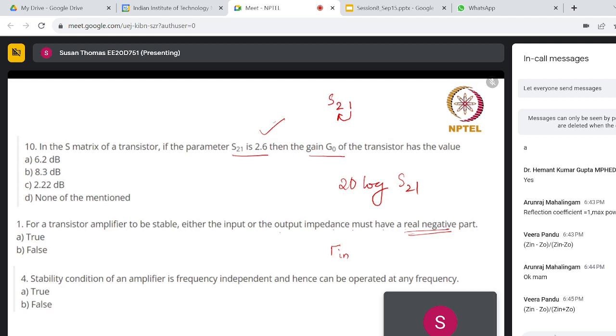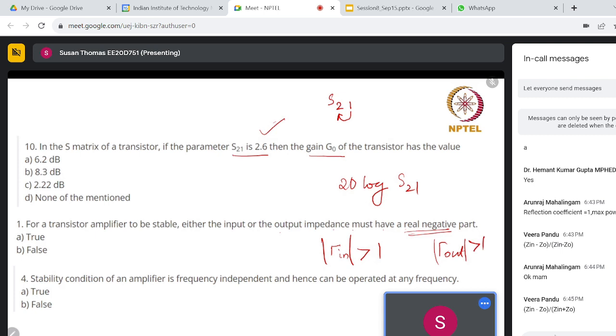Greater than 1, ma'am. Modulus means positive value only. Yes. So then you have the modulus of gamma in will be greater than 1. Similarly, if you do the same for the output reflection coefficient, the modulus of gamma out will be greater than 1.